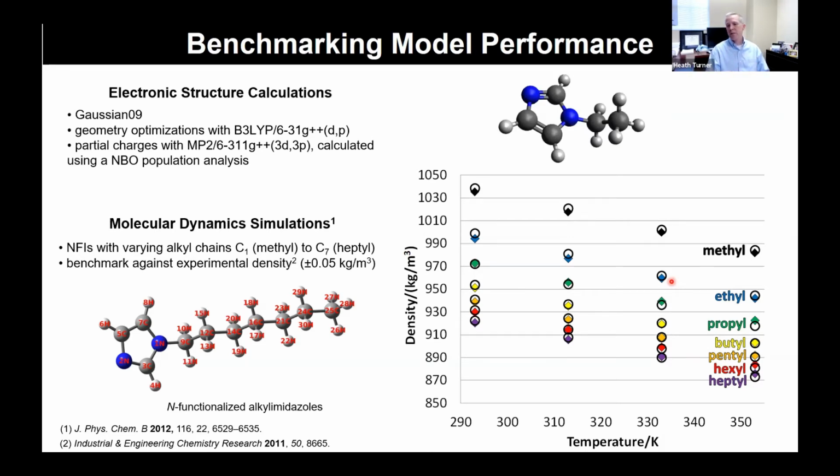And so here is a comparison of our predicted simulation densities over a fairly wide range of temperatures, and also different chemical species ranging from that methyl tail all the way up to the heptyl tail. And so over a fairly wide parameter space, we're able to reproduce the densities within 1% or less. So we feel like we've got a pretty good model for these systems, at least based on some of this data.